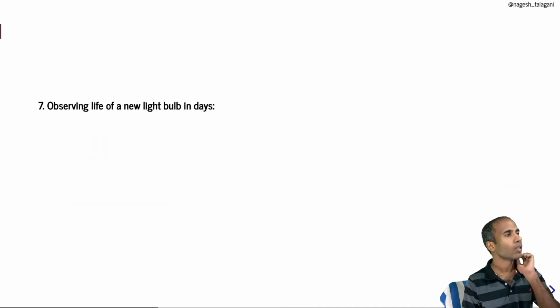Next, observing the life of a new light bulb in days. We are observing the life of a bulb. Life is a time, which can be any real number. Unlike email count, it's not going to be a whole number. It can be any real quantity.